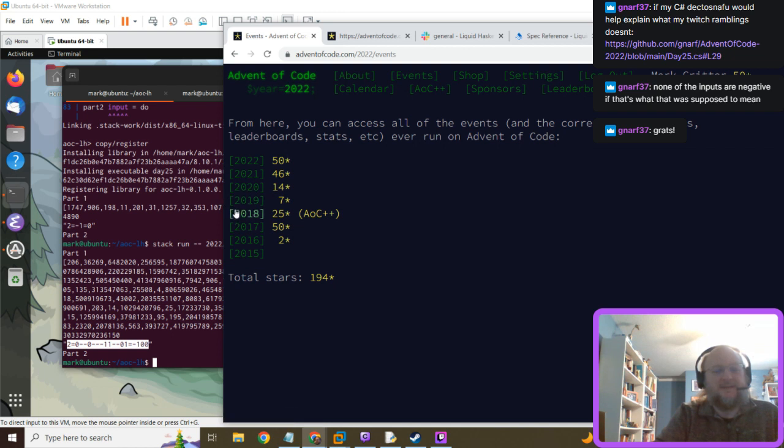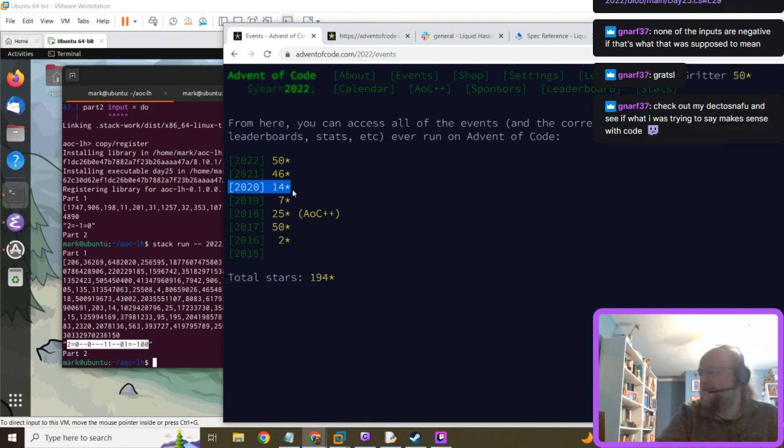So, yeah, one of these years, I think it was 2019, I was using a graph grammar language and I couldn't write a multiplier. And half the puzzles are based on Intcode. And this year I was trying to use Pi, which is not a real language.